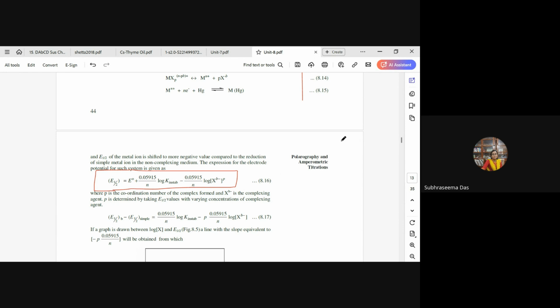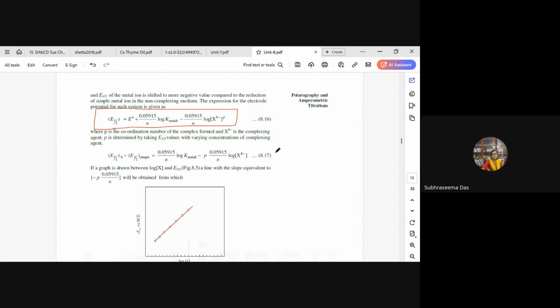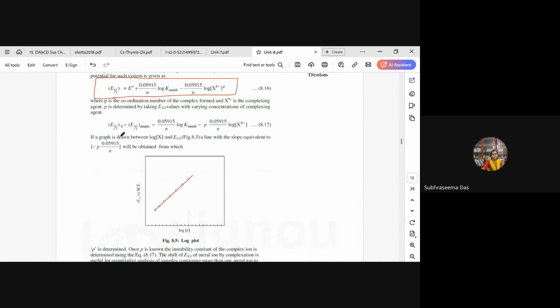The p is determined by taking E half values with different concentrations of the complexing agent. Now if we plot a graph between the log of concentration of x and E half, that is shown in figure 8.5. We see a line with a slope equivalent to this value, and from the slope we can determine the p.